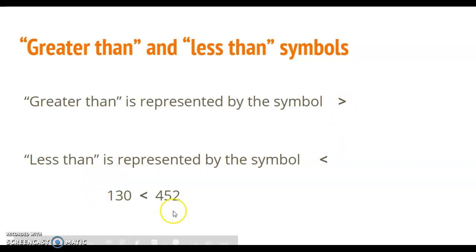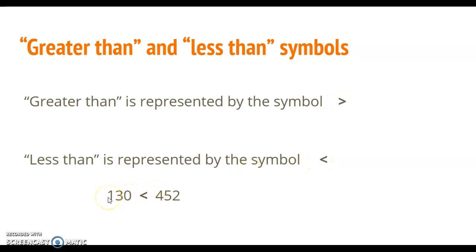Well, first let's talk about our original equation. We were comparing 130 to 452. So in an equation, we are going to use these symbols instead of the terms. We use the terms when we talk about it, but when we write it in an equation, we use these symbols.